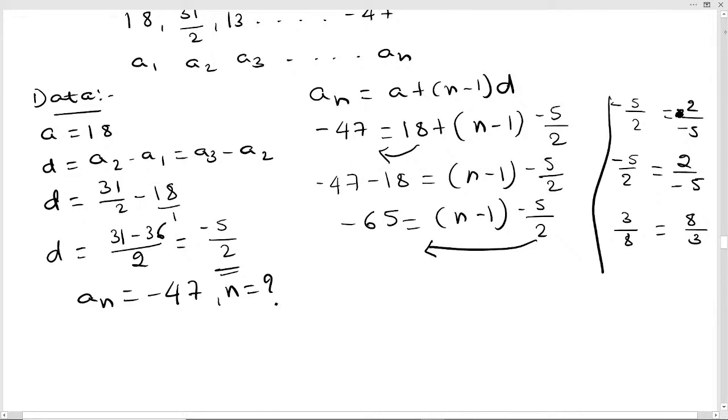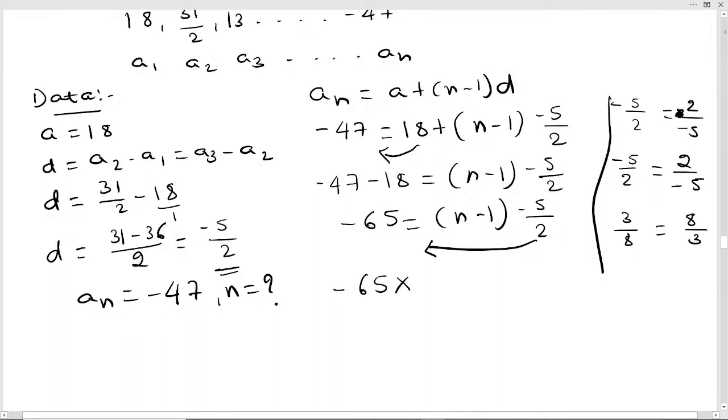So this is for your reference. Now send the -5/2 to the LHS, it will become 2/(-5). So -65 remains the same, and because it is division, if you send it to the other side it will become multiplication.